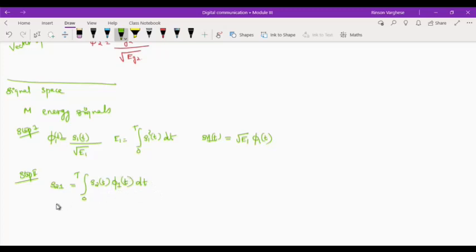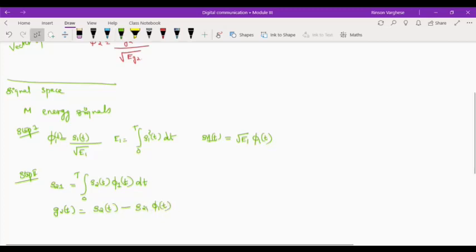Now I construct a new signal G2 of t, equal to S2 of t minus S21 phi 1 of t.